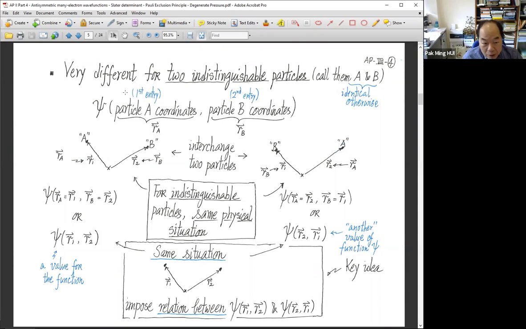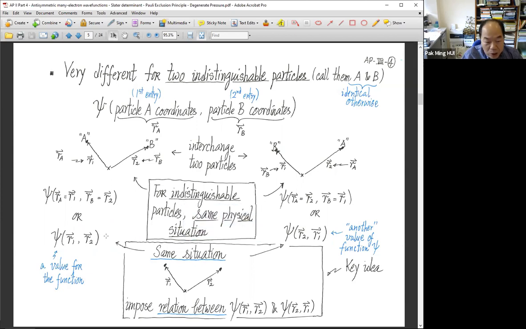But given a two-variable function, the first one will be like this, that gives me a value. First entry take on R1, second entry take on R2. And now, the other situation, the first entry take on R2, second entry take on R1. There is another value in principle, right? You have a function f(x, y), two different pairs, okay? But now physics comes in. They are the same situation.